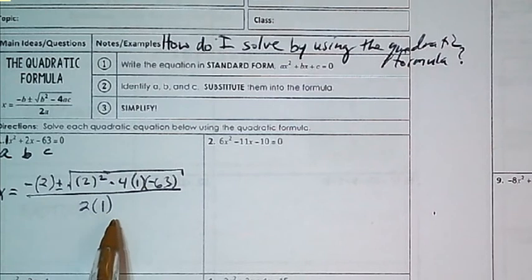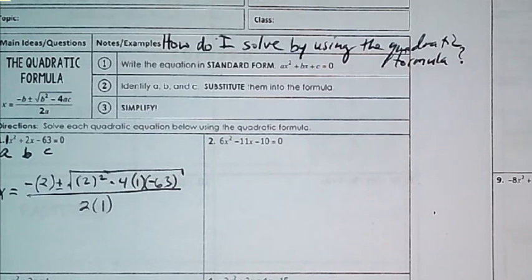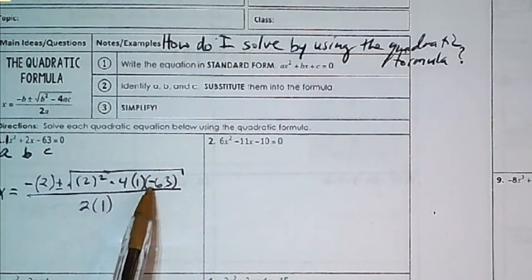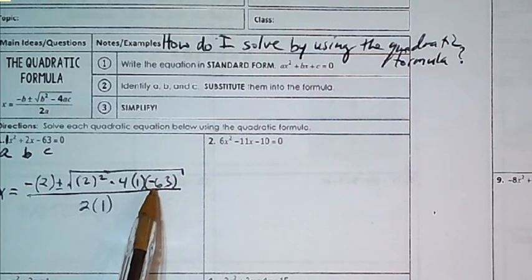Another thing students do is they try to put all of this in the calculator at once. That's a bad idea. Do you know why that's a bad idea? It's going to pop up an error, probably, because this is not always a perfect square. It might be negative 48, which the calculator can't do.